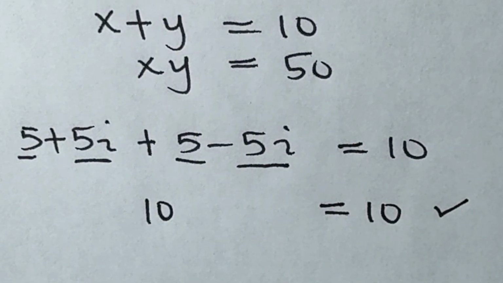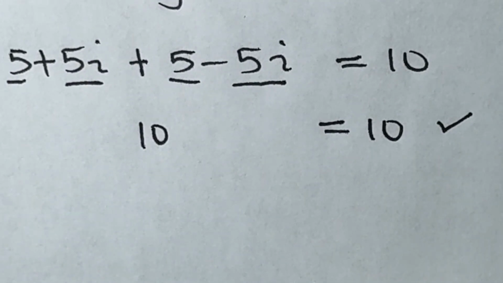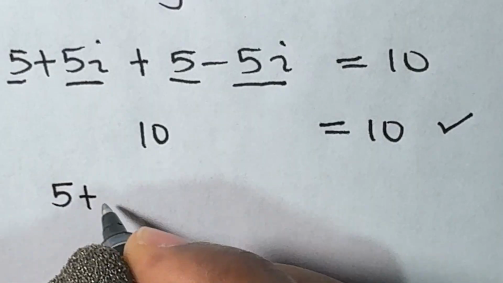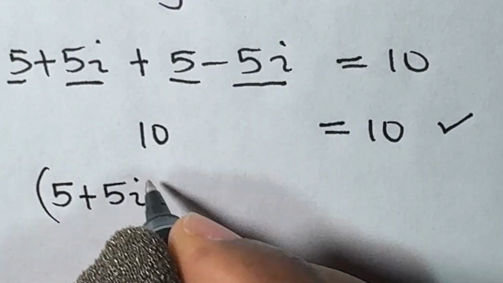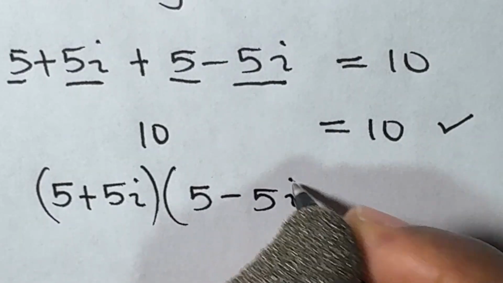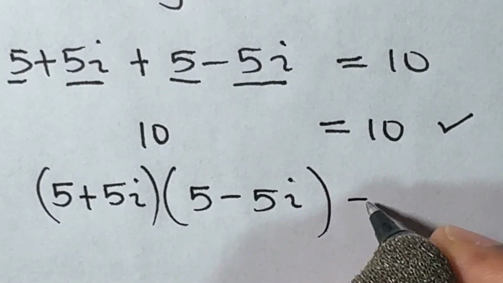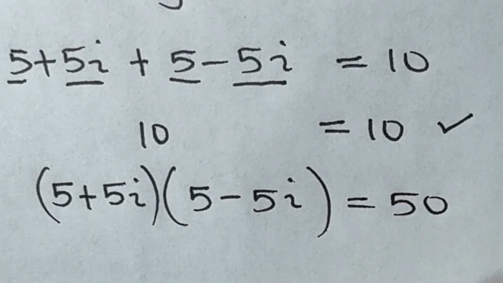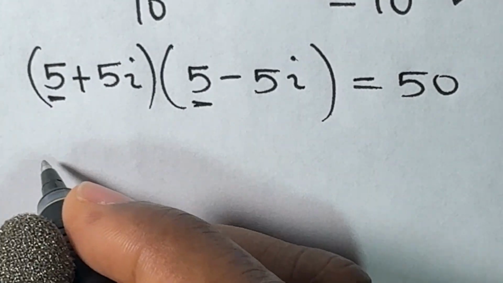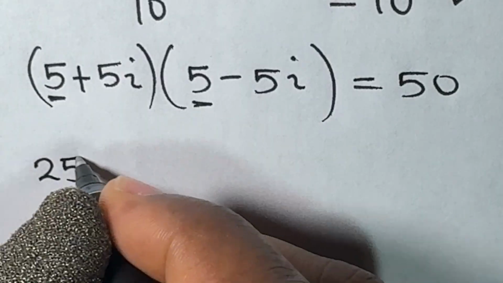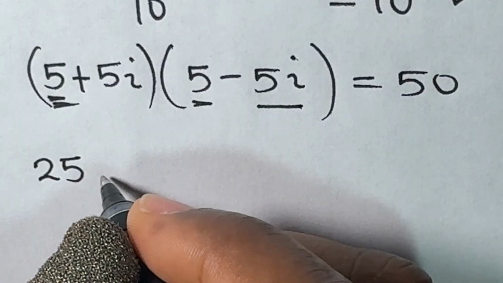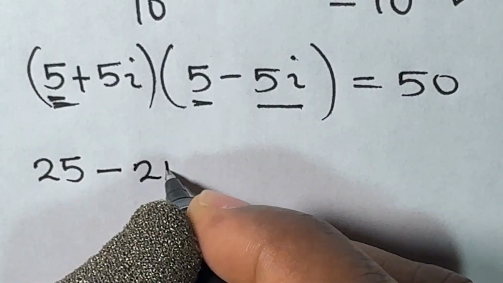That passed the check, and then we use the two solutions again to check for the product. 5 plus 5i times 5 minus 5i. This should give us 50. 5 here times 5 here will give us 25. 5 here times negative 5i here should give us minus 25i.